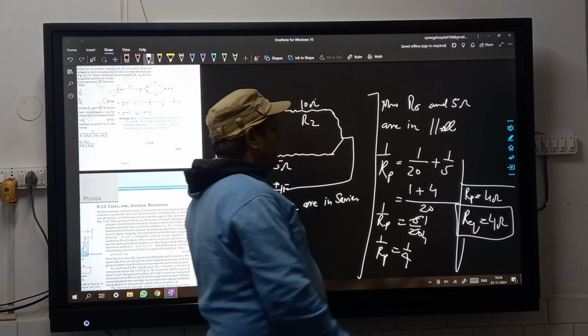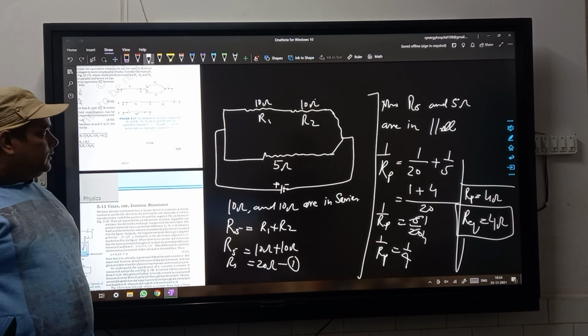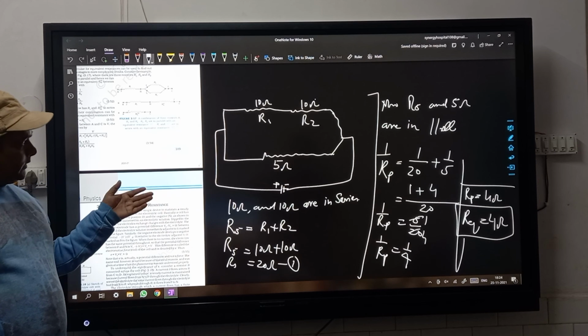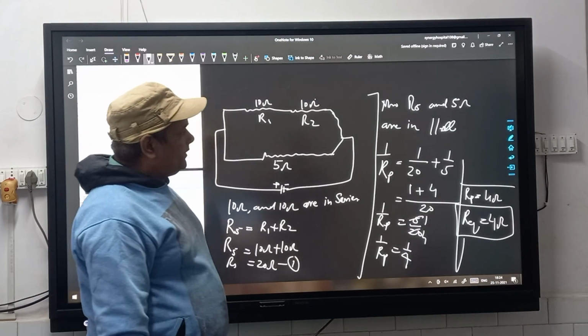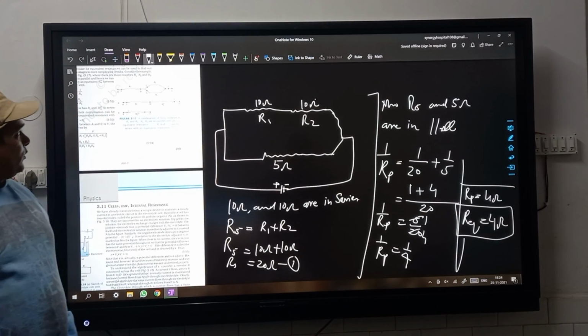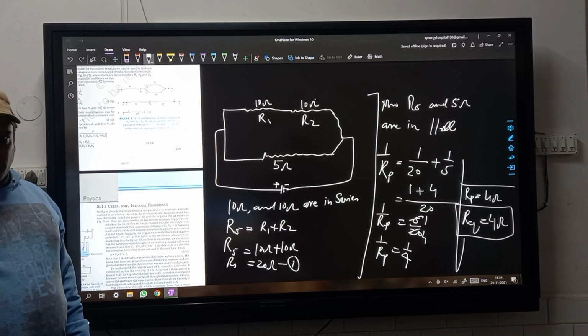This is the very simplest way you can calculate the ultimate resistance of the electrical circuit, and you can discuss the forthcoming aspects in a very convenient way.